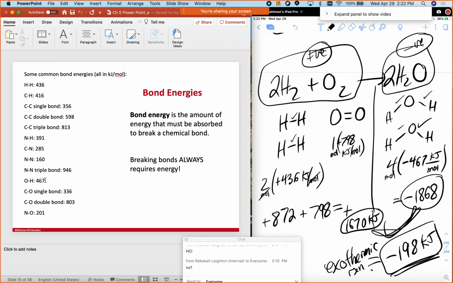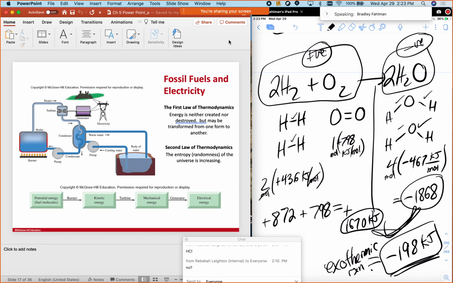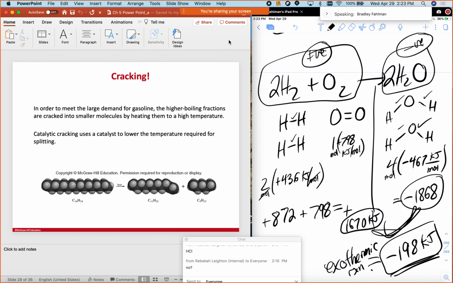Okay, so that's really the only calculation from this chapter. And so this kind of walks you through. I guess I was way off with my O double bond O. But yeah, I would give you those values on an exam. And then as far as the rest of this, I wouldn't worry about that.